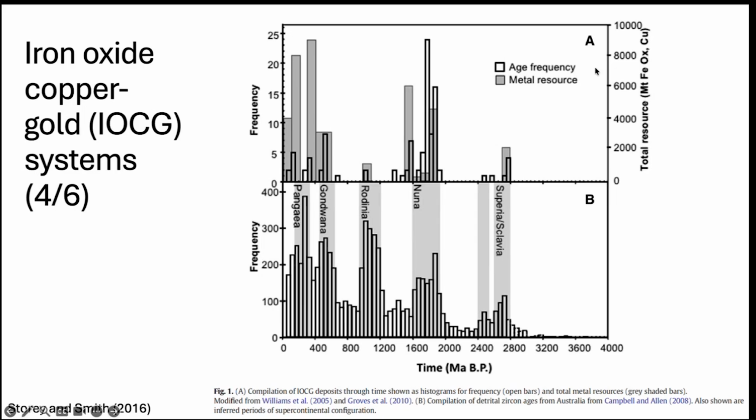And so the reason I showed this is because there's this big pulse of IOCGs in the Mesoproterozoic. And as Bob's going to talk about in a subsequent lecture, interesting things didn't happen in the Mesoproterozoic. And so, we talked about how a lot of ore deposit types are fundamentally linked to plate tectonics.